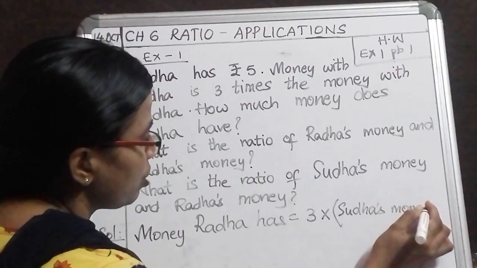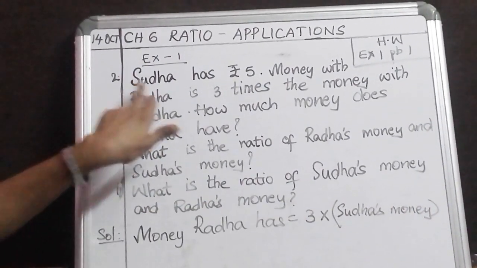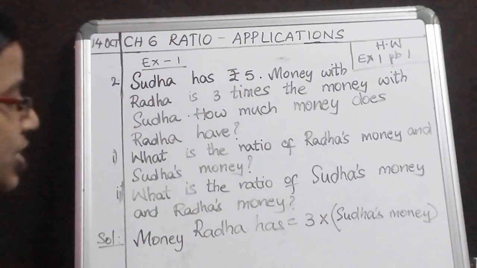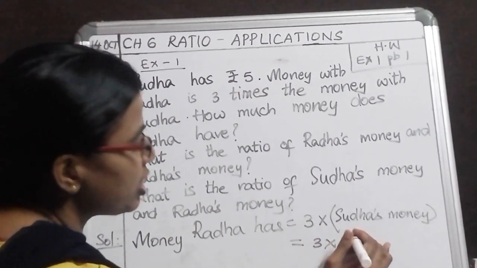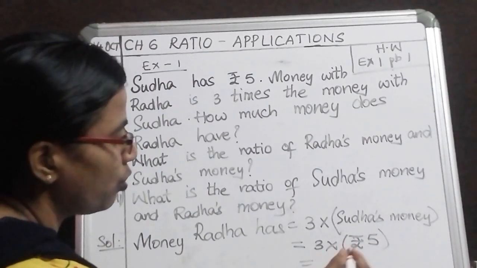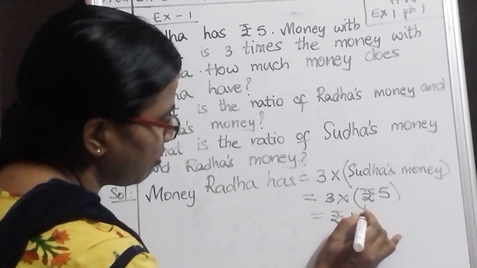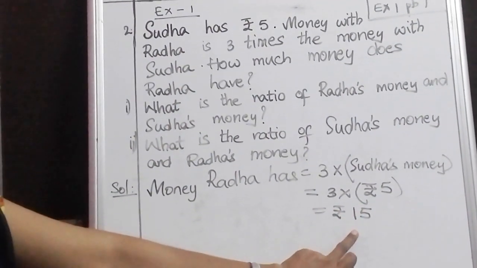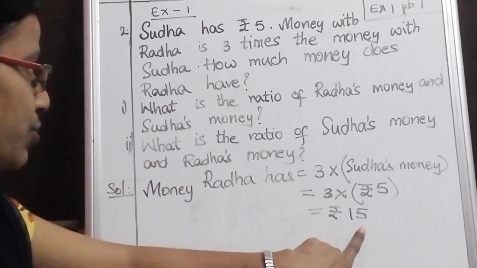Sudha's money, how much is Sudha having with her? She is having rupees 5. So this is equal to 3 into rupees 5. So you need to multiply these two. 3 5s are 15. So you got the answer as rupees 15. The money Radha is having with her is rupees 15.